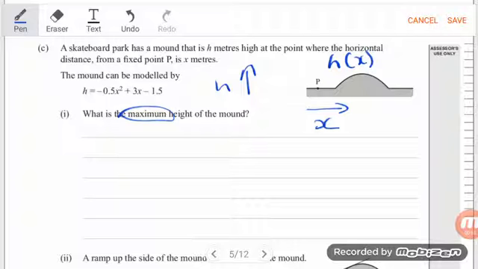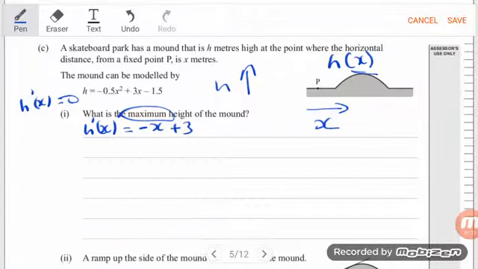They want us to differentiate, and it's going to be at the turning point, where H dash of X is going to equal 0. So let's get on to it. H dashed of X will equal negative X plus 3.